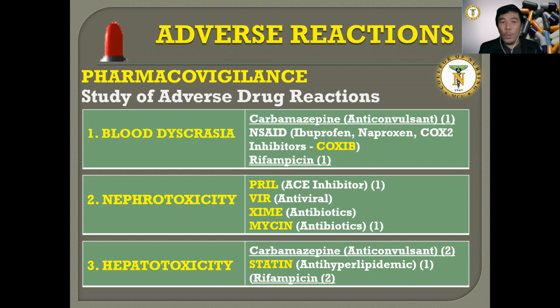If you will notice, carbamazepine also appears in the adverse drug reaction of hepatotoxicity. So when the time comes that you are already a registered nurse, claim it, and you are about to administer carbamazepine, there are two things that you need to monitor. You need to monitor the status or level of the blood, and at the same time assess the level of the liver, because carbamazepine could be a drug that may show adverse drug reactions affecting the blood and the liver.